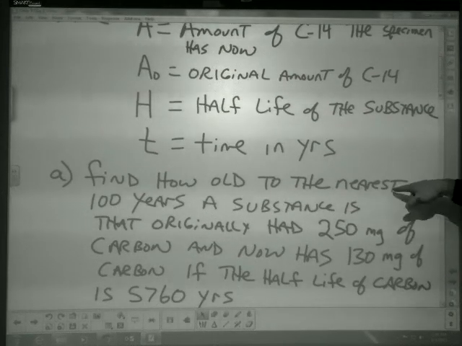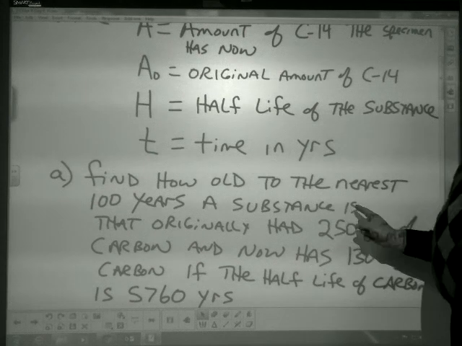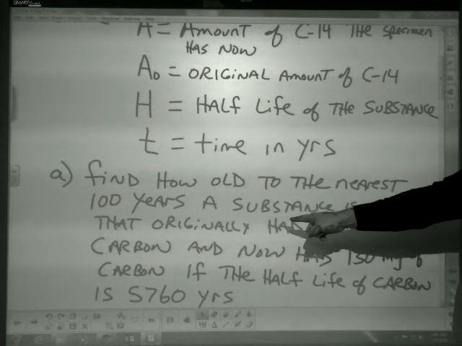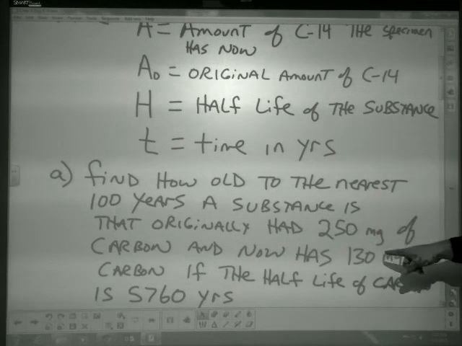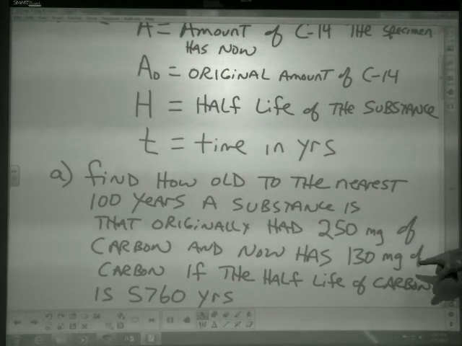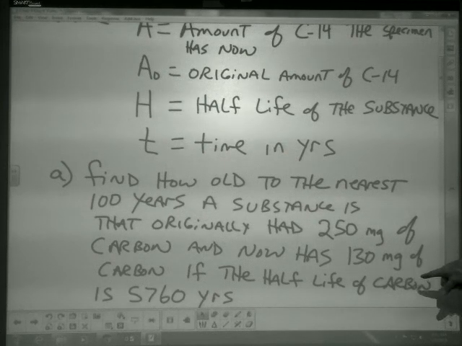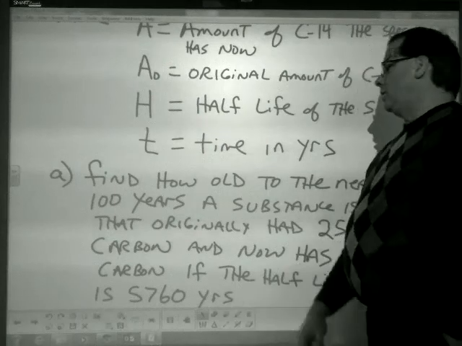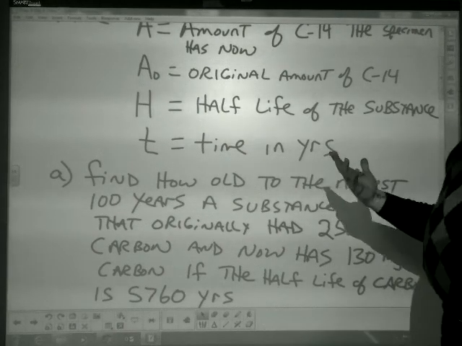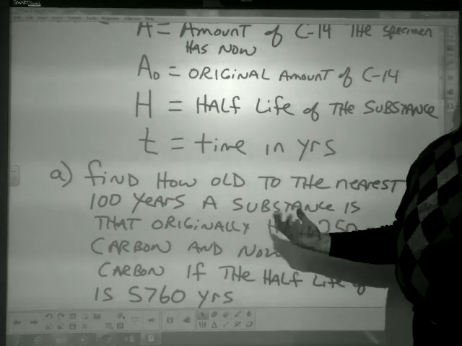Find how old to the nearest 100 years a substance is that originally had 250 milligrams of carbon and now has 130 milligrams of carbon if the half-life of carbon is 5,760 years. So here's a situation that they run into.